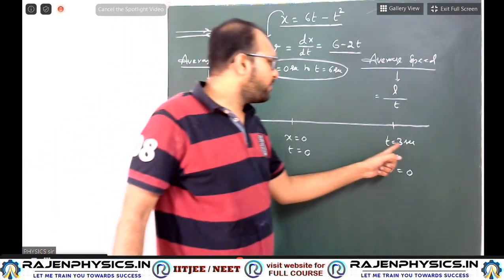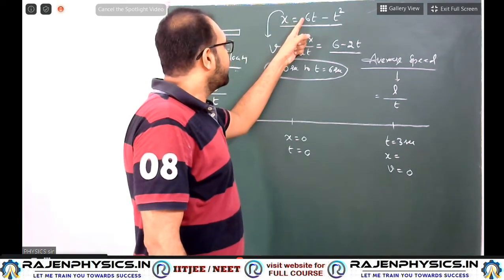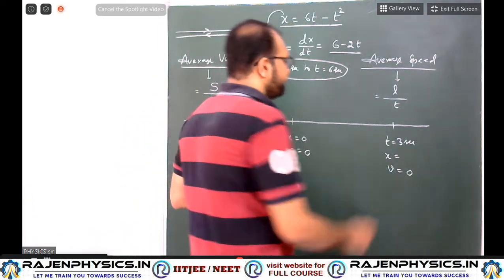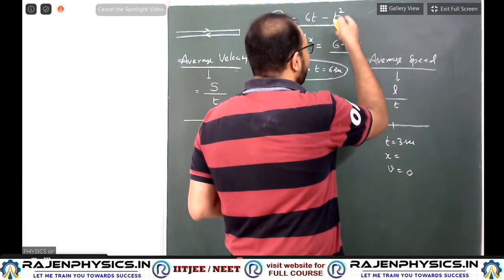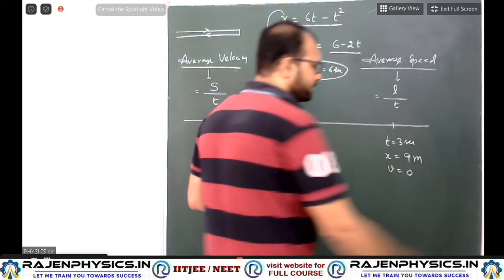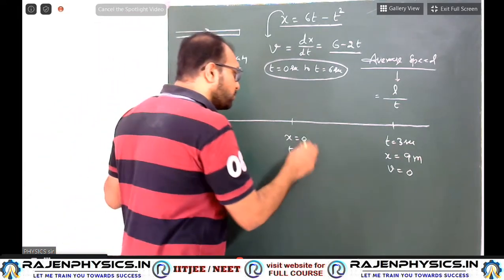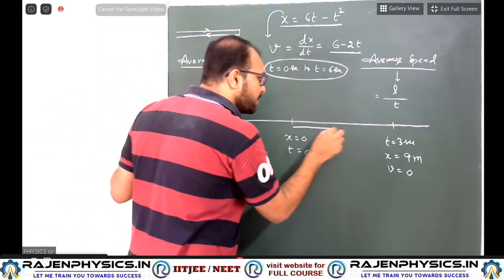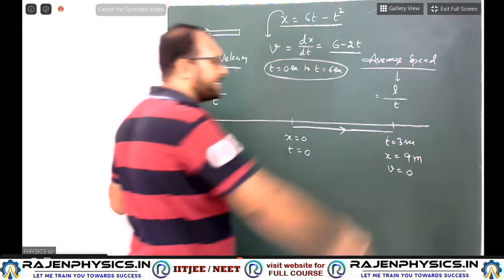So at t equal to 3 seconds, x equal to 6 into 3, that is 18, minus 3 square, 9, 18 minus 9, 9 meters. What does it represent? From t equal to 0 to t equal to 3, the particle moved along the positive x-axis.